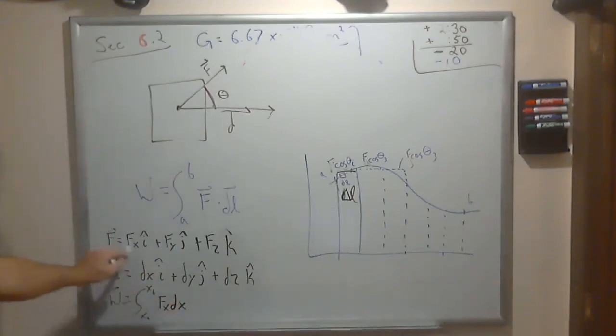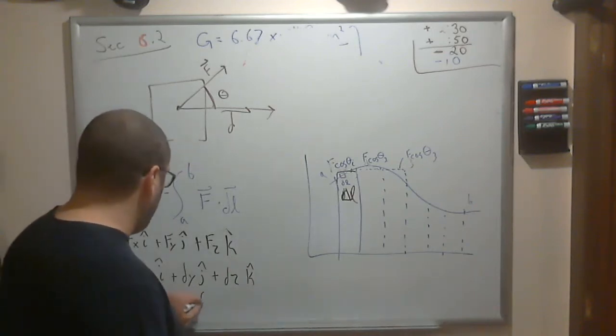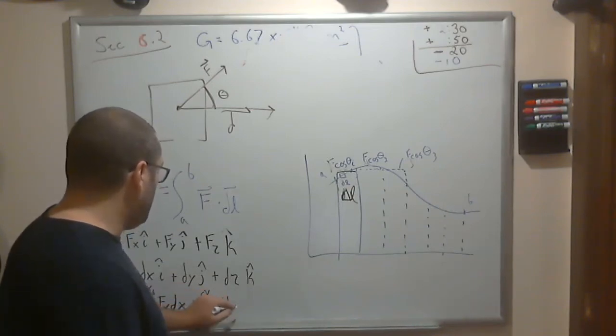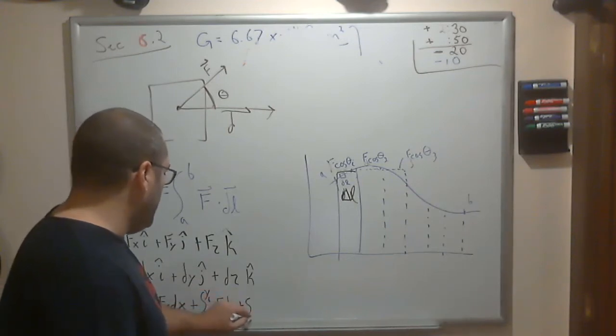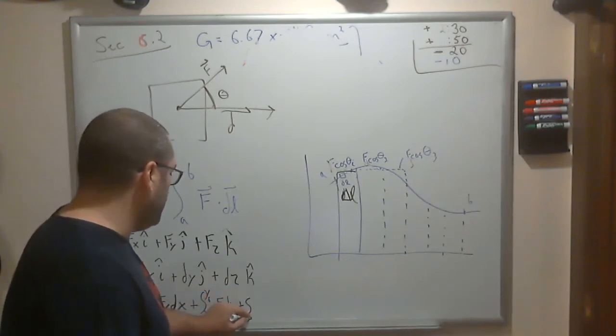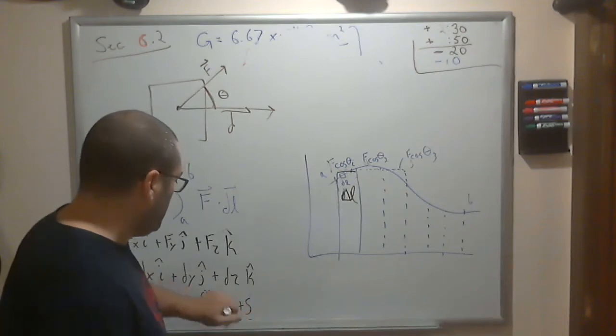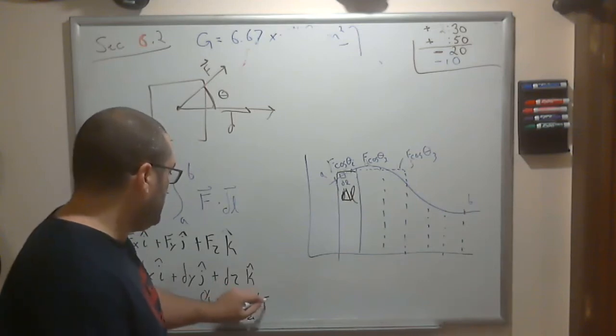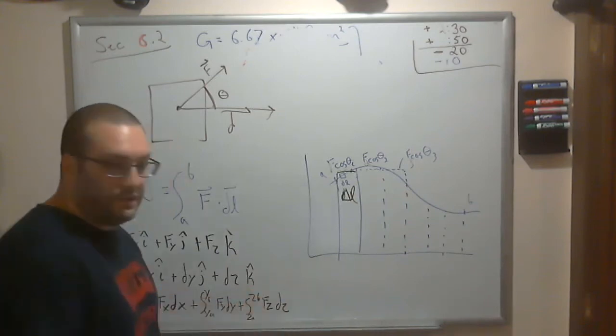It's just the dot product between these two multiplied, and then we add up the same thing for the y, and then as well for the z, F_z times dz.